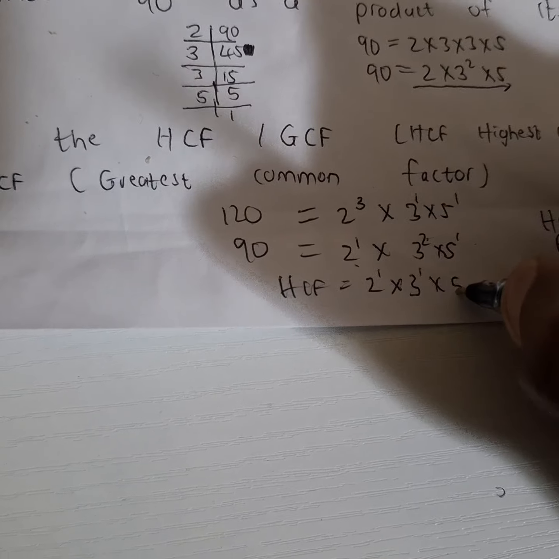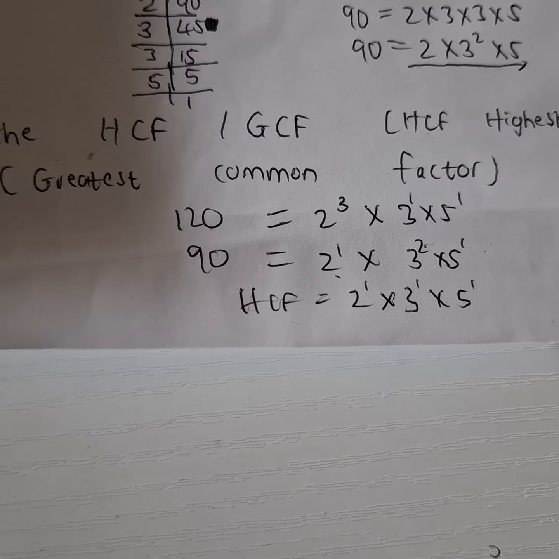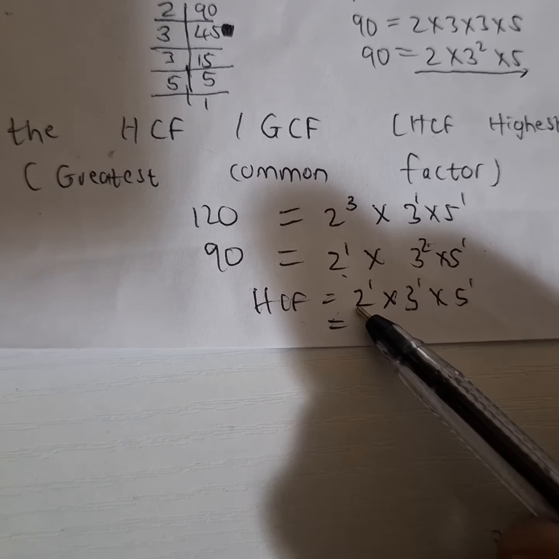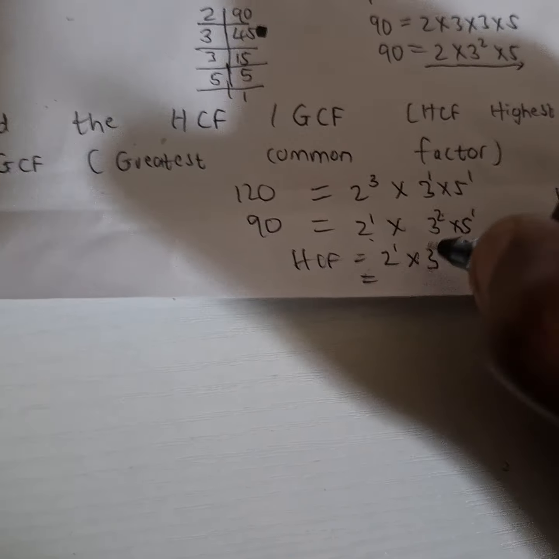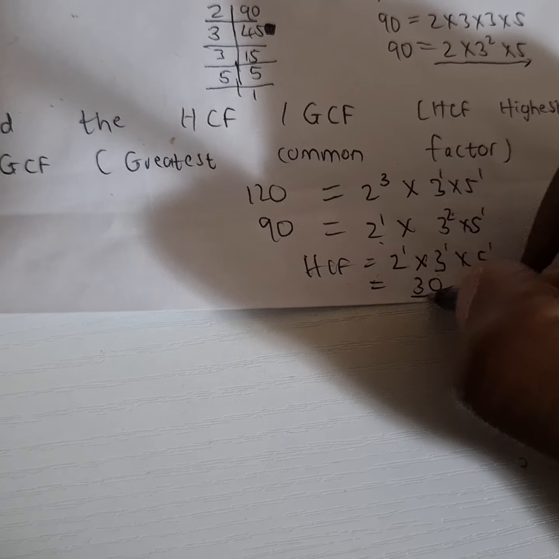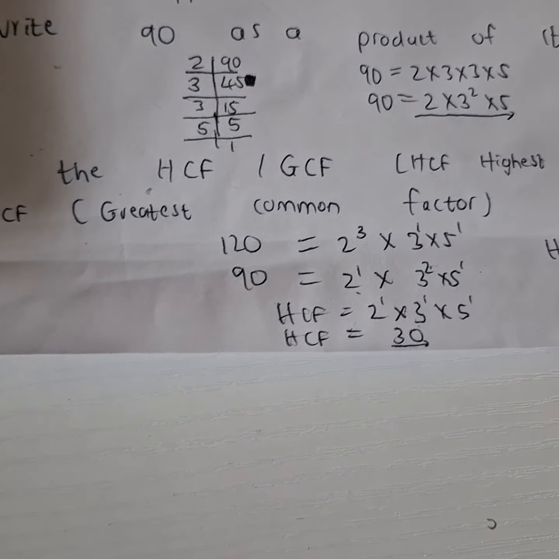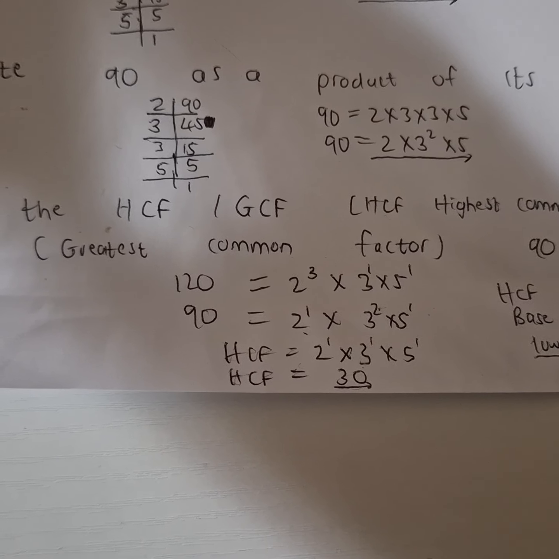So we just write one of the bases in our HCF. Then we have the responsibility of multiplying. 2 times 3 is 6. 6 times 5 is 30. So the highest common factor between 120 and 90 is 30, and that is that.